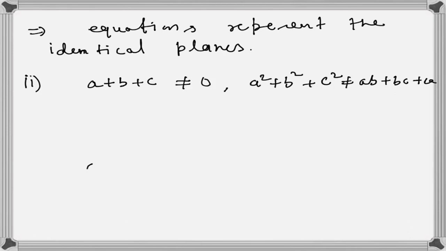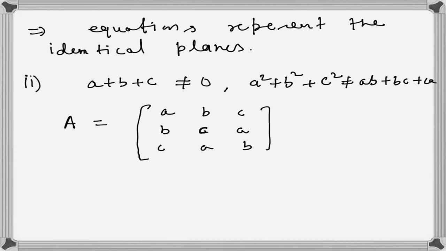Here let's take the coefficient matrix A, which is nothing but [a b c; b c a; c a b]. So what is the determinant of A?